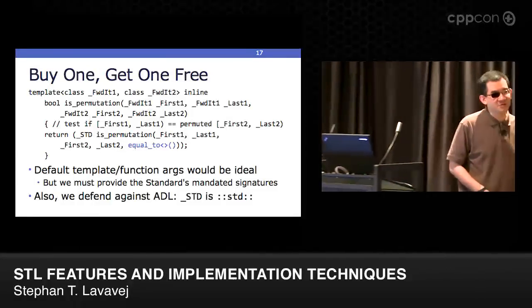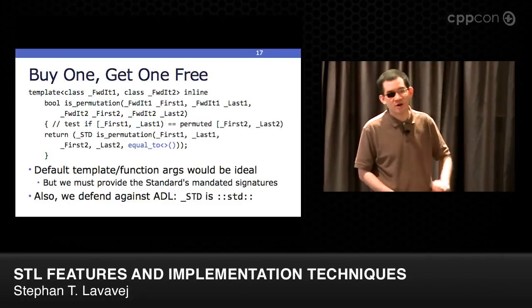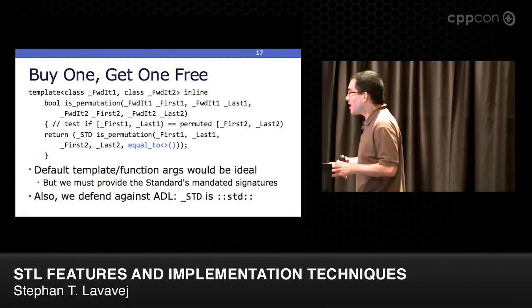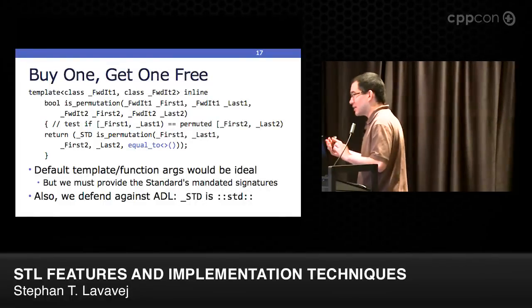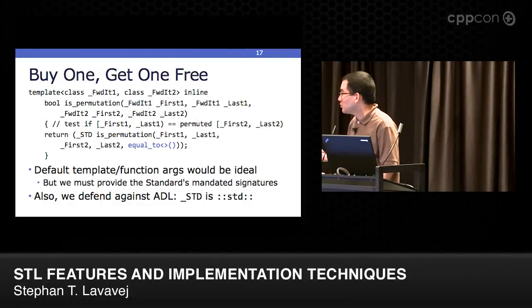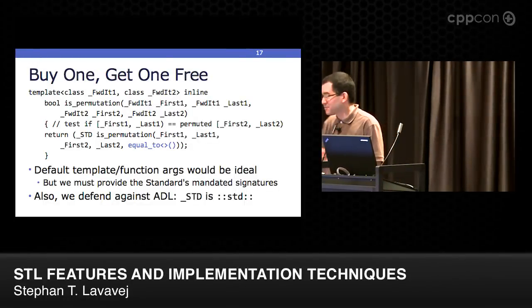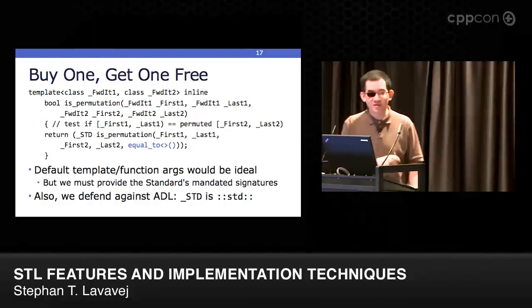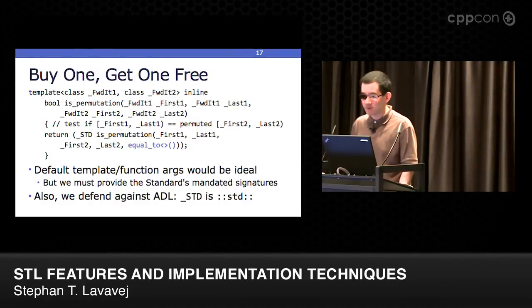We would like to use default template arguments and default function arguments to just say, OK, we're just going to define first1, first2, last2, Pred equals equal_to<>. And so if you don't provide it, you get the default arg. But that would mess with the signature, and we cannot do it in the standard library. We have to provide a wrapper like this. But you are not so constrained. You could use default template arguments and default function arguments for your own algorithms. And we've also got a funny trick to defend against ADL, which is usually our enemy.